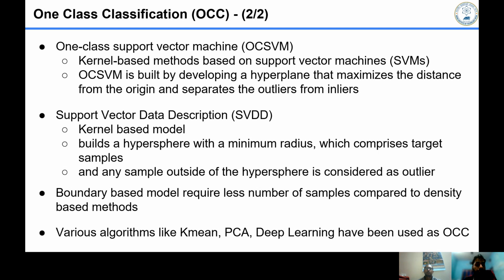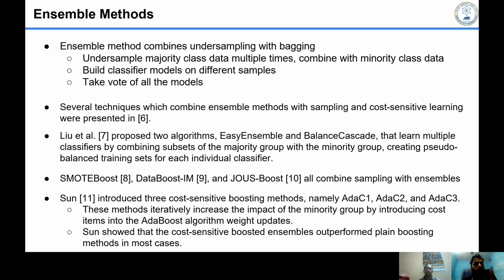Various other algorithms like k-means, PCA, deep learning have also been used in a one class classifier setup by making certain tweaks to the core principle of these algorithms. The other way to handle class imbalance is using an ensemble approach.